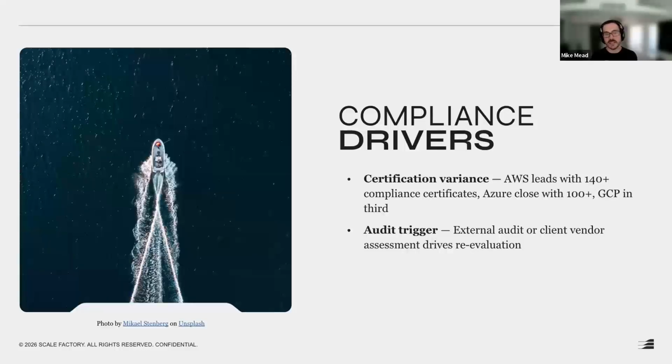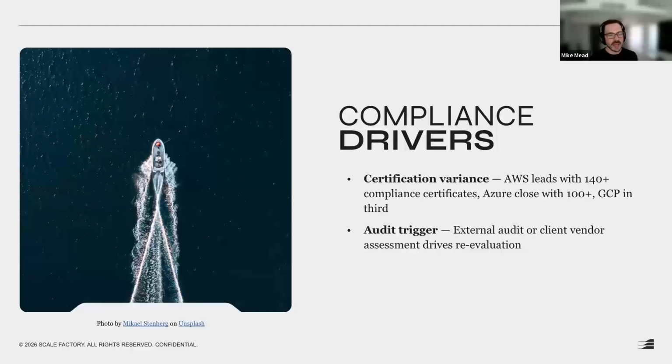That might drive the need to then move that workload to another cloud provider so that you can benefit from the compliance and certifications that they have. AWS has 140 compliance certificates, Azure 100, and GCP's in third place. Can't remember the number off the top of my head, but that might drive the need to move from one cloud provider to another so that you can benefit from the infrastructure they've built that's compliant with it.